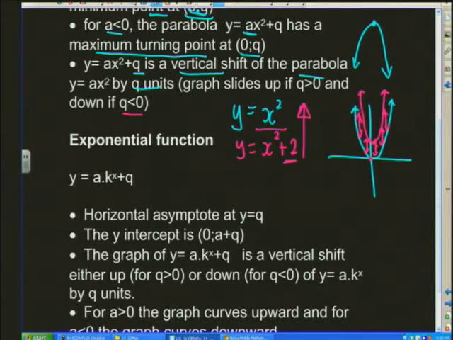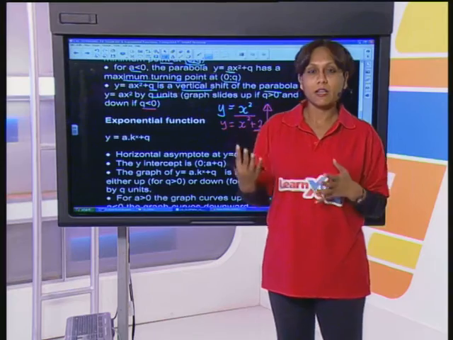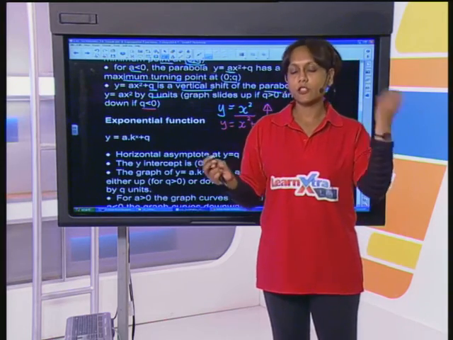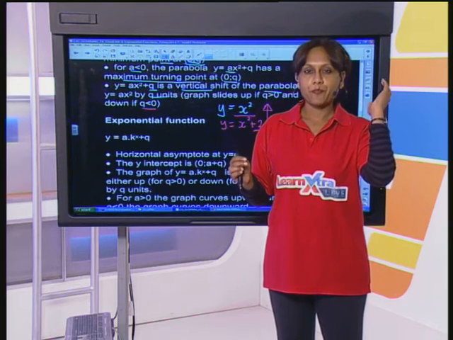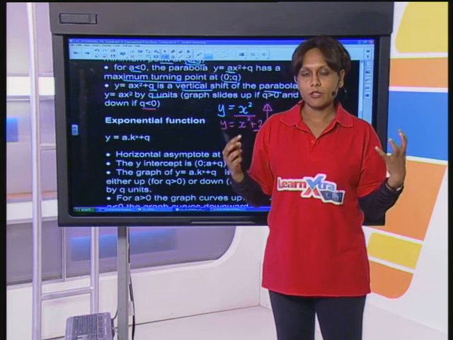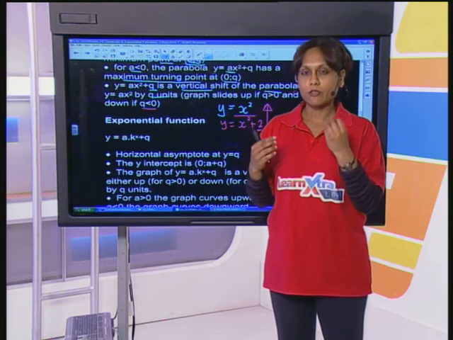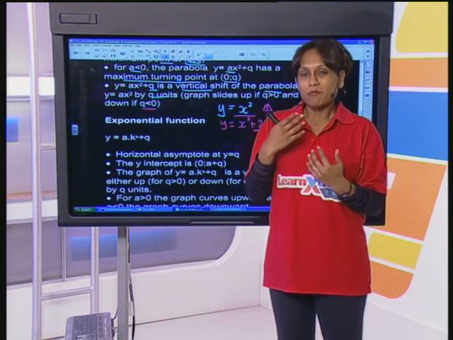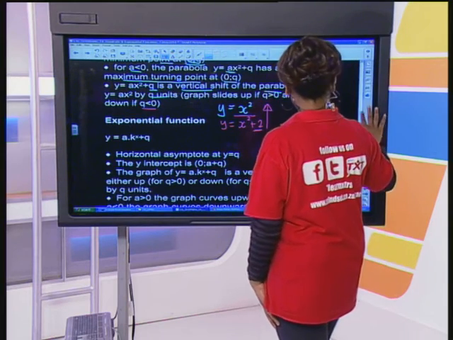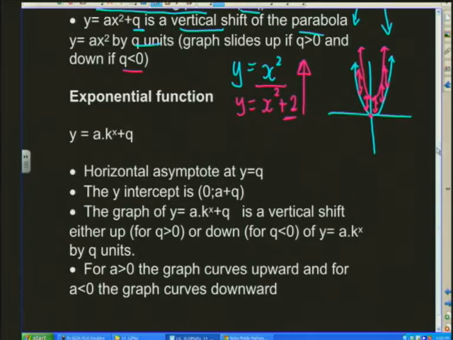So as I said to you before, this doesn't only apply here in parabola, but as you do your exponential functions, you do hyperbole from last week and so on, it's the same concept. Okay, a vertical shift, if you change the value of q, it's going to imply a vertical shift along the axis, either in the positive direction, so it's going to move up, or negatively, it's going to move down or slide down the axis.